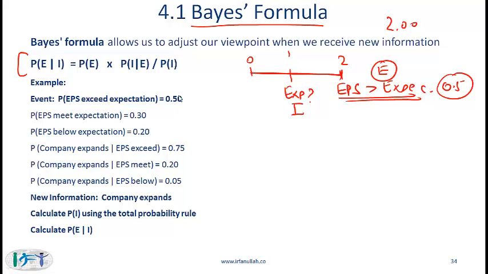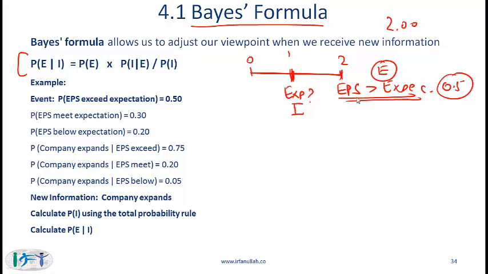The question is, once you get new information about whether or not the company will expand, should you update your probability of this event? And the answer clearly is yes. If the company announces that it is expanding, then that is a good sign, and chances are that the company has indeed exceeded expectations, or earnings per share have or will exceed expectations.